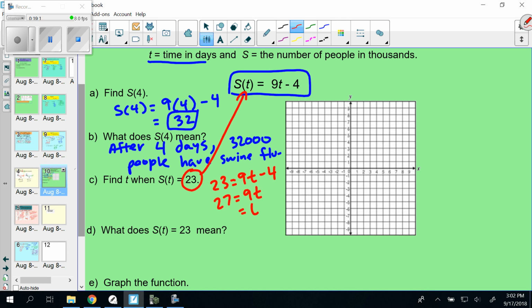Divide by 9, and we get 3. So what does s of t equals 23 mean? That means our time is 3. So after 3 days, 23, remember this is in thousands, so 23,000 people have swine flu.